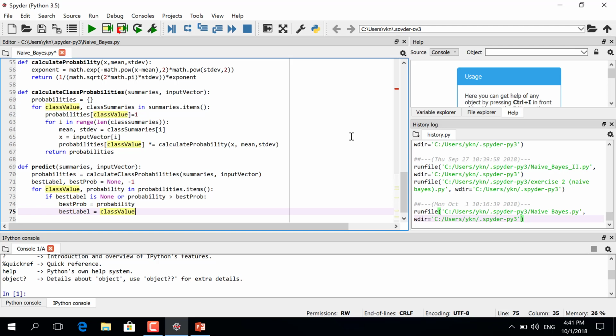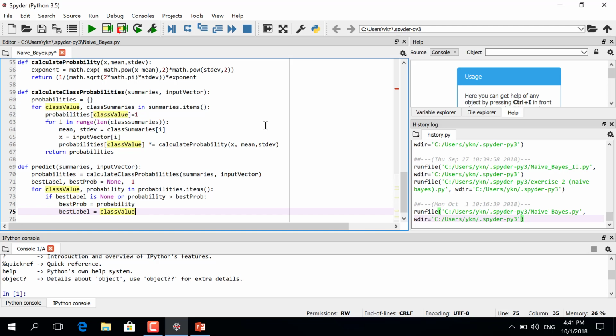We are still at the stage where we start to make a prediction, and therefore we write none.